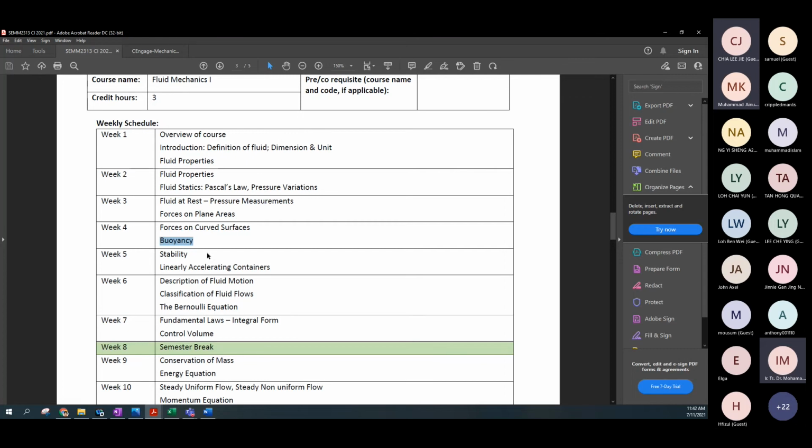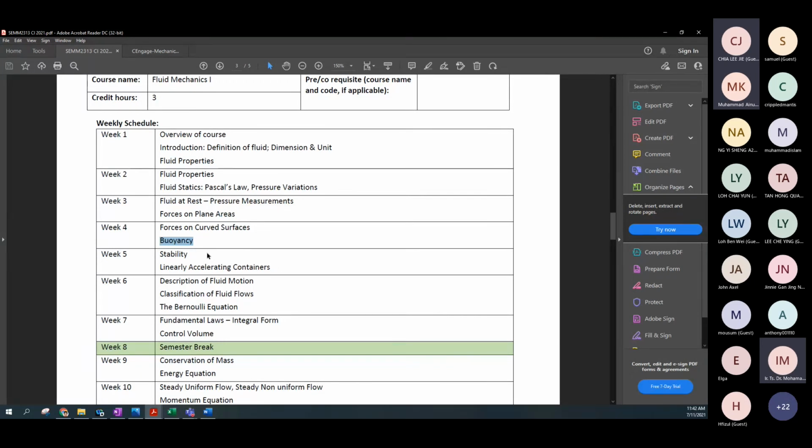The second equation is tangent alpha equals acceleration in the x direction over g plus acceleration in the z direction. That is how you calculate linear acceleration.